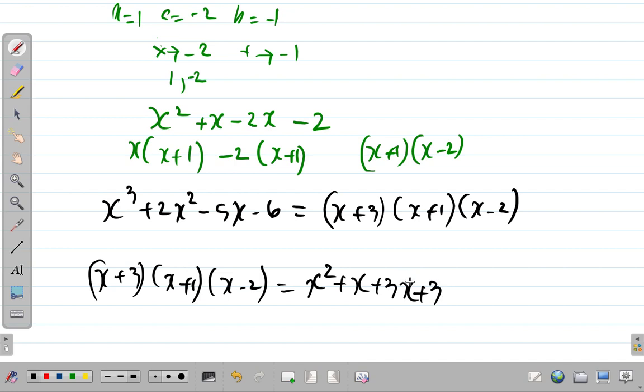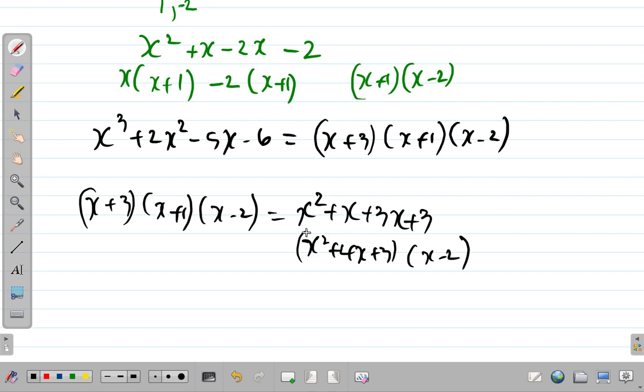Alright? So this is saying x squared plus 4x plus 3. And we're going to multiply that by x minus 2. Alright? So that's what we have so far. Then when you multiply this by x minus 2, what do we get?